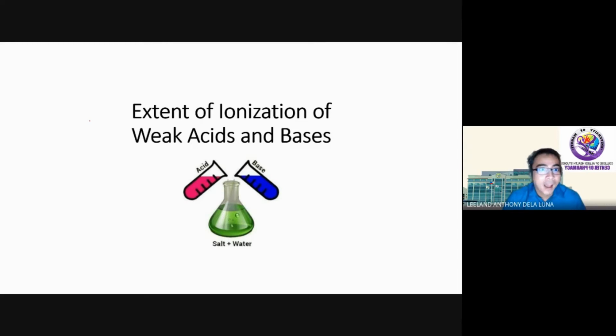Meaning, ang pinagkaiba kasi, class, ng strong electrolytes versus weak electrolytes is, ang strong electrolytes always undergoes complete dissociation.